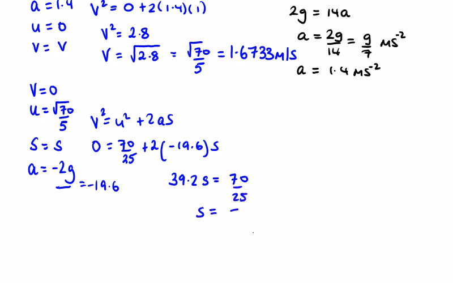So s is equal to 70 over 25 times 39.2, so not too far. That works out to be 0.0714285. Just take 14, so this is in meters, so it looks like about 7.14 centimeters. I think the answer in the book has 70 centimeters, but I'm pretty sure that 7 is correct.